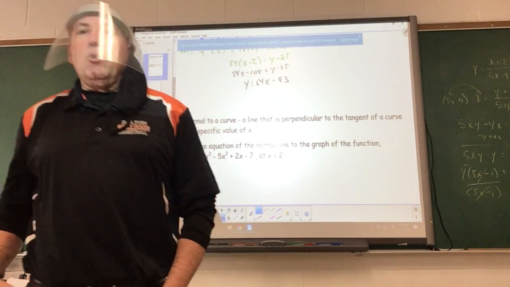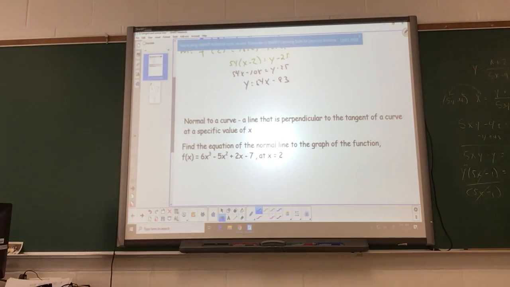When you talk about a normal to a curve, it's a line that is perpendicular to the tangent of the curve at a specific value of x.